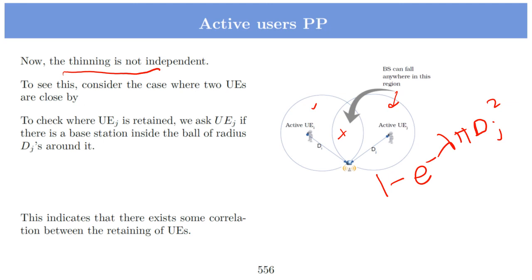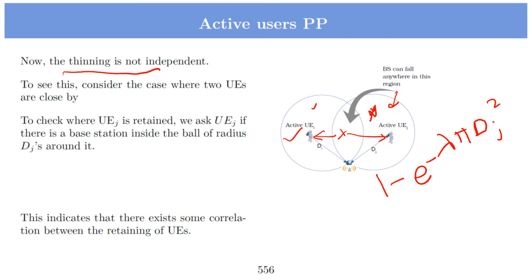Then this base station will be associated with this UE also and this UE also, and only one of them can be active, and UE i is active. It means UE j cannot be active. This means that only if there is one base station in this other area can it be certain that UE j will be active.